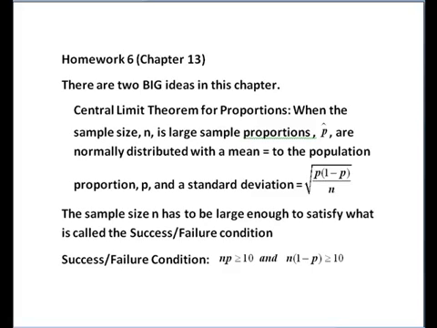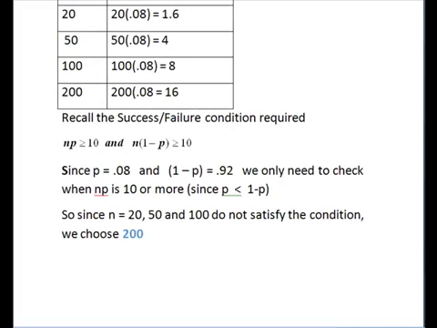The sample size n has to be large enough to satisfy what we call the success and failure condition. That is, both n times p and n times 1 minus p have to be greater than or equal to 10. The first several problems in Homework 6 deal with this central limit theorem.